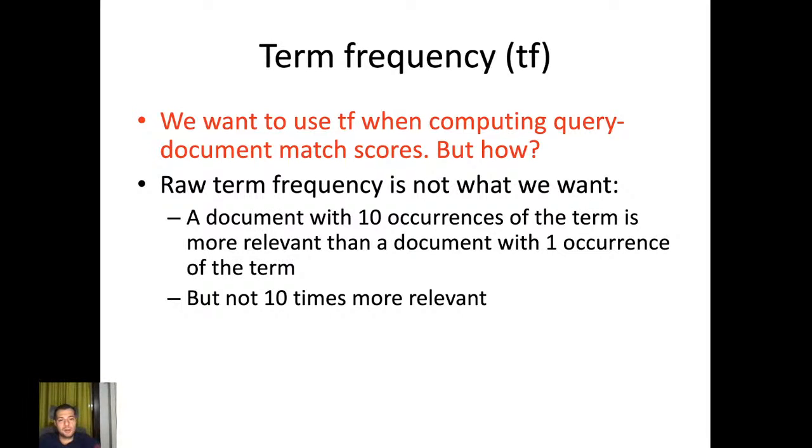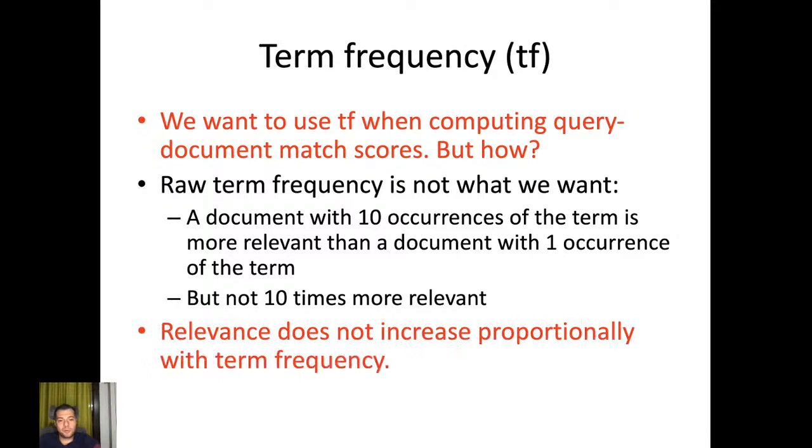So this is not directly proportional to the number of occurrences.